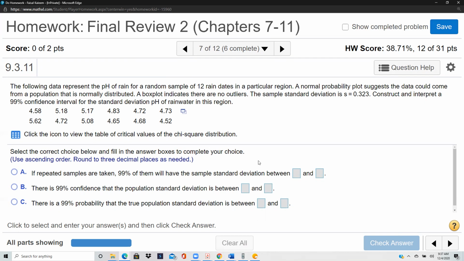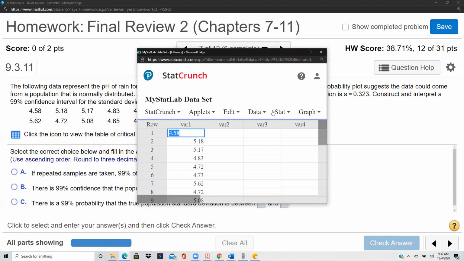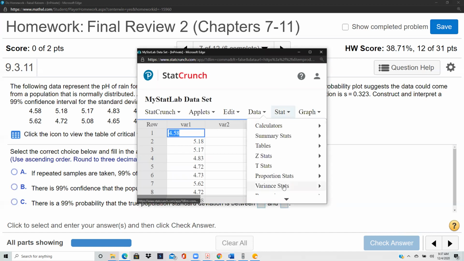So variance stats. Right. A standard deviation interval means variance stats. So Stats, Variance stats, one sample with data.